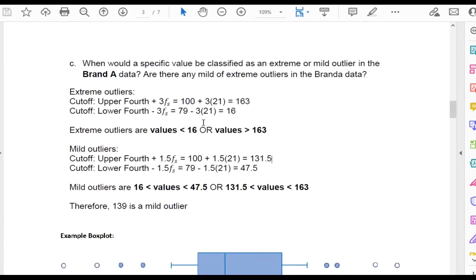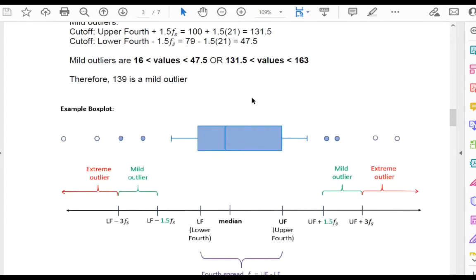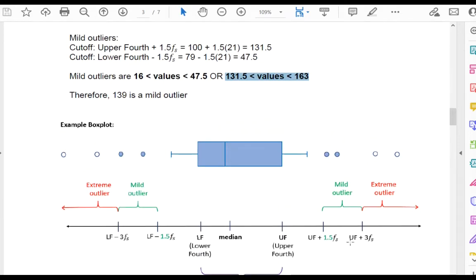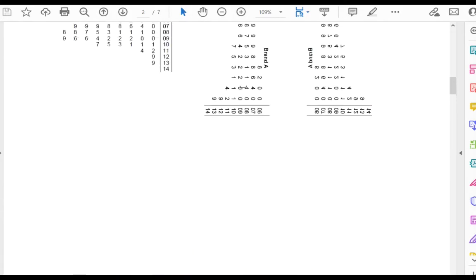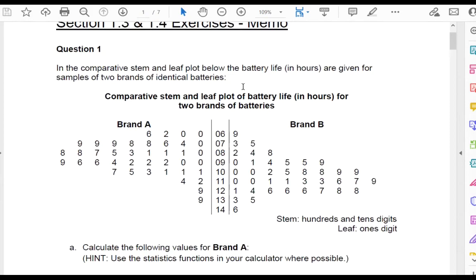And then for the more extreme cutoff value, it's 3 times instead of 1.5, which gives you 163. So that means this value is 131.5. It's what I have here. And 163 is here. And I said for mild outliers, any value in that region is regarded as a mild outlier. So then you're going to go to your data and see, do you have anything bigger than 131.5? And if we go back, we do.